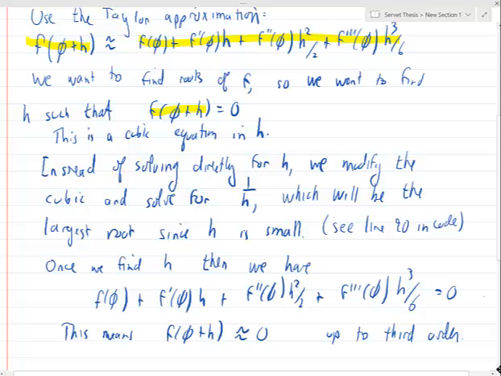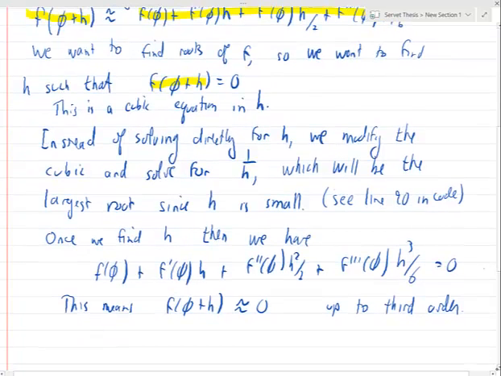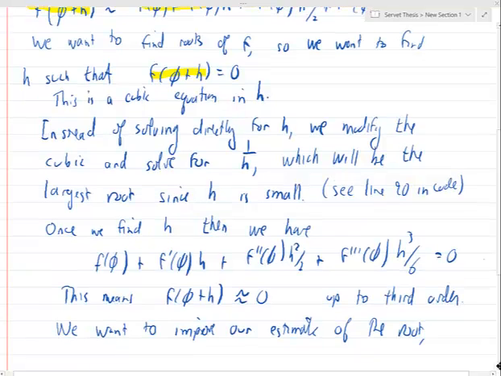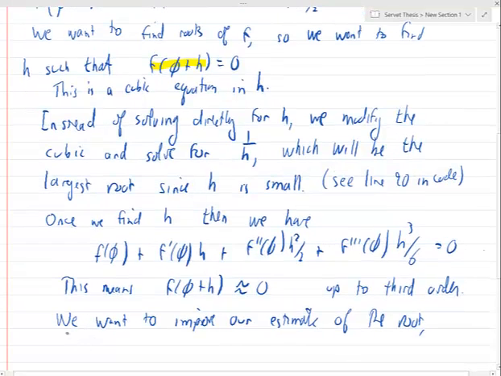So we want to improve our estimate of the root, because h is only accurate up to 3rd order. Okay. All right. So does that make sense?